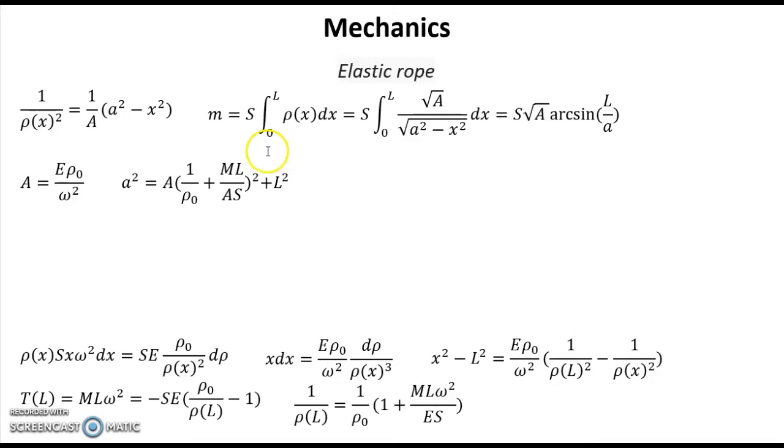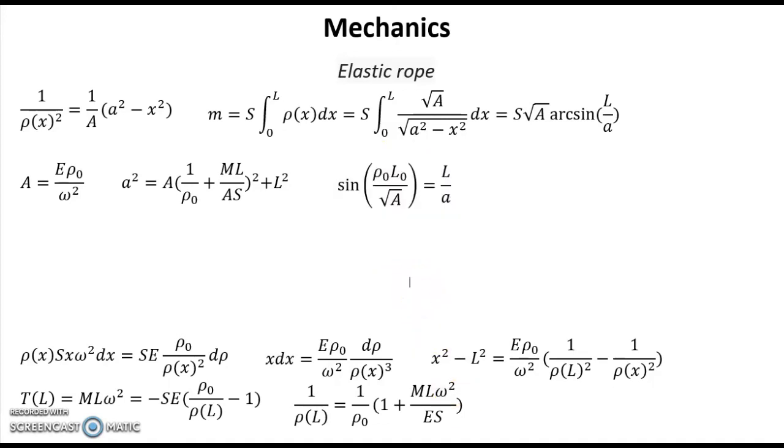So we have this small mass equal to the integral of S multiplied by rho dx from point 0 to L. That will be this integral, and this integral equals just arc sine of L over A. Now we can rewrite this expression in the form of sine, like this.